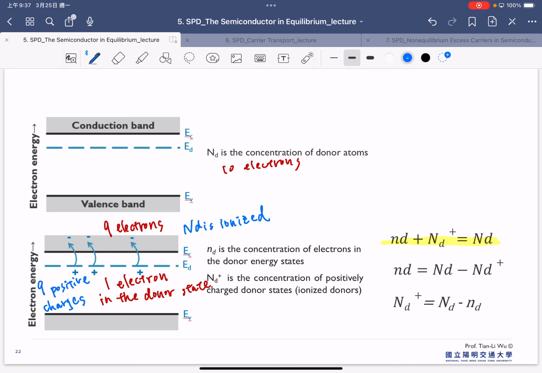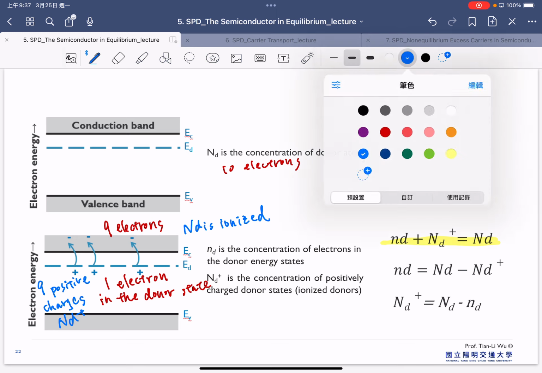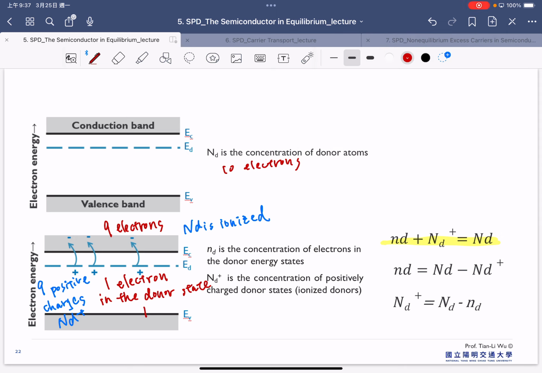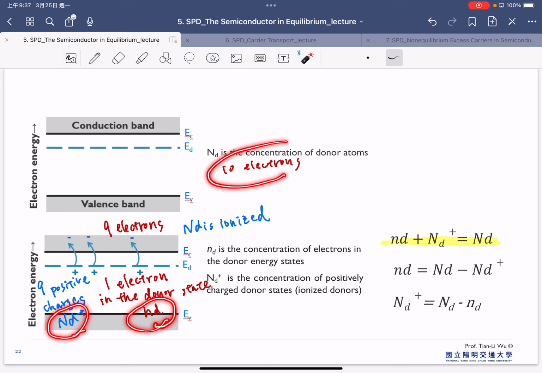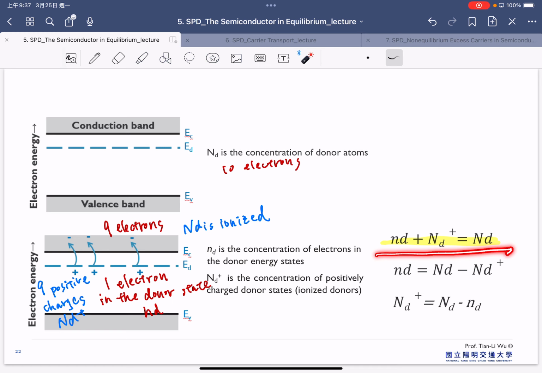That is what we call the ND plus here, and this is the small nD. Therefore, you can understand this plus this will be equal to this one. This is exactly why this expression is shown like this here.